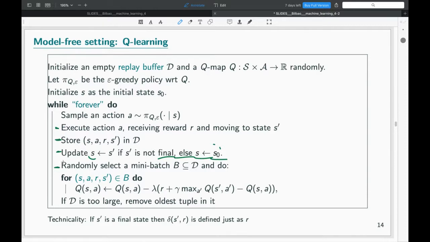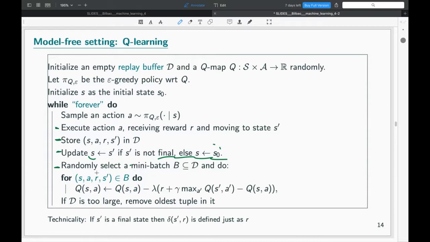And then at each step or every certain number of steps, you can choose, but either at each step or every 10 steps or whatever, you randomly select a mini batch B from the replay buffer. This might be like 32 tuples from the buffer, or 256, or some number.